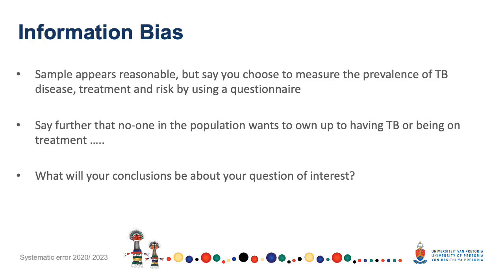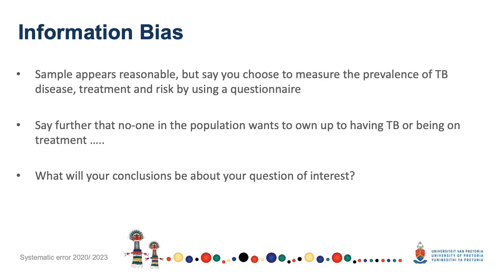As an example, let's say you wanted to ask your unbiased sample of people questions about tuberculosis. And what if the people in your sample and actually in the whole population happen to think that TB is something shameful and they don't want to admit to it or admit to being on treatment?